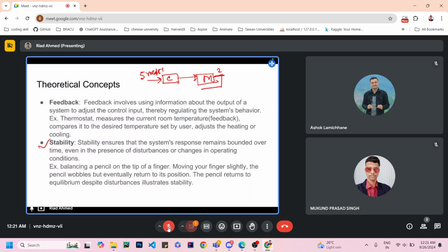Then this value will get measured by the sensor and passed to the input again, and then the controller will try to modify the voltage, which will increase the actual value. Maybe it will increase to 4 radian per second, and then it will get to 5 radian per second. So achieving 5 radian per second is basically a gradual, sequential process.